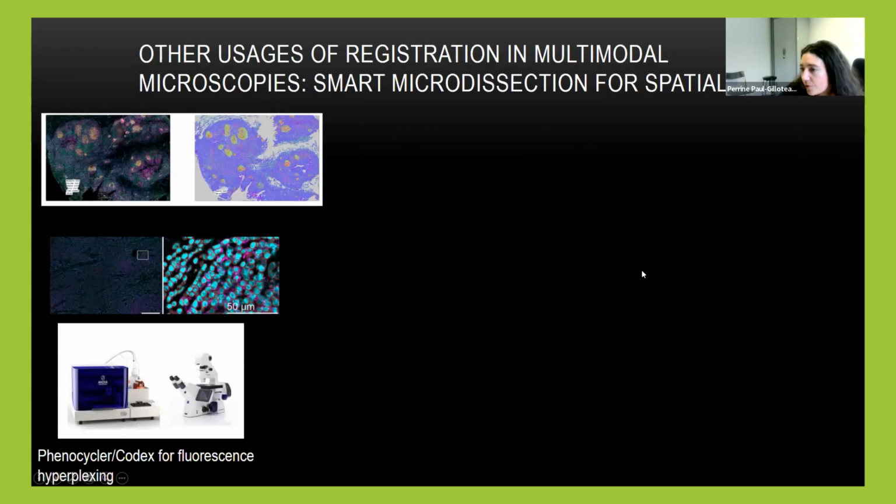This is something we have been using in different usages of correlative microscopy, for example when you want to use spatial omics. In my facility, we had a system to do multiplexing on different proteomic markers, different fluorescent probes, with like 50 different probes to identify different cell populations. So you will get the nuclei and the class for every cell.